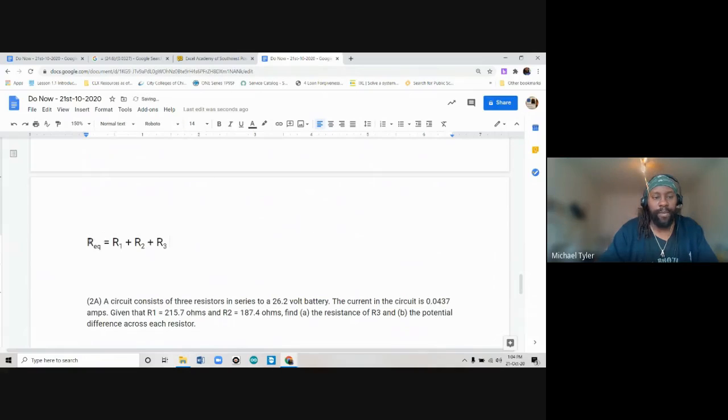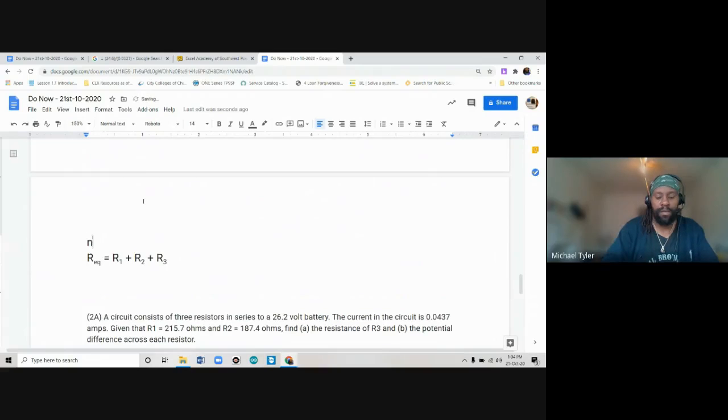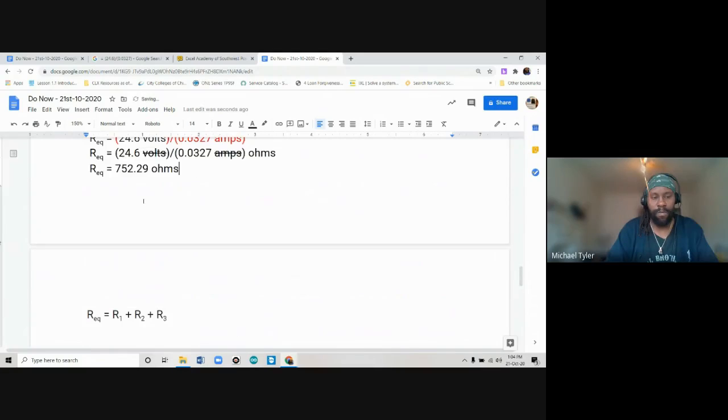And the strategy with this one is going to be now solve for R3, right? Using algebra via equivalent resistance.